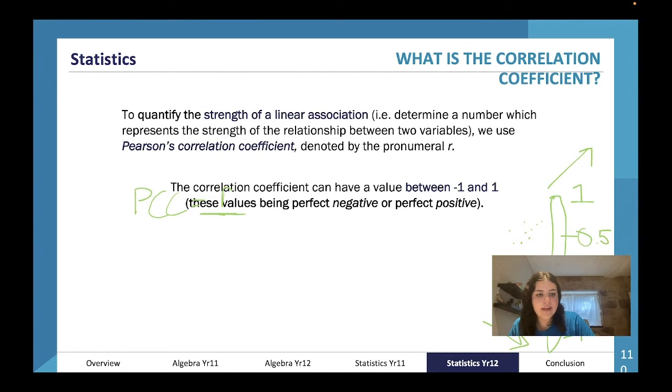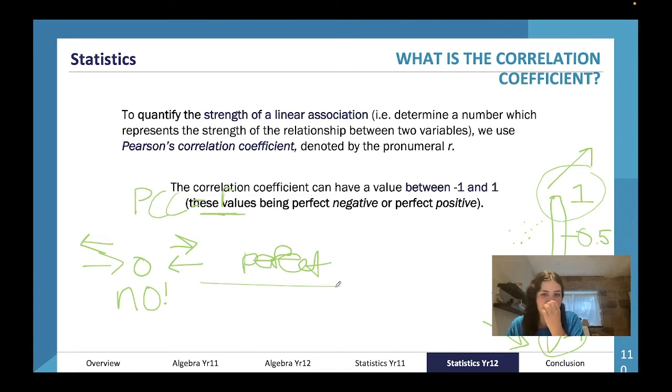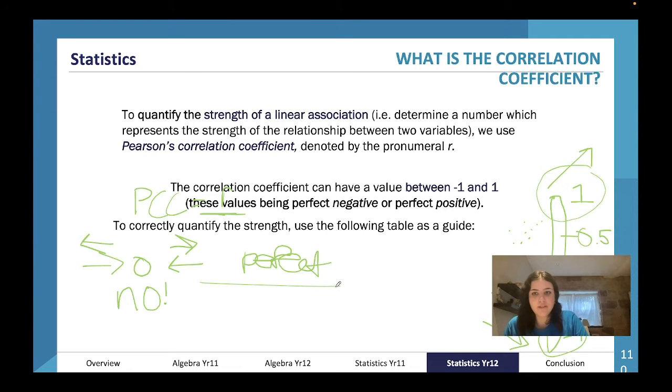And this is negative 0.5, where things are getting fairly close as we go down. It can be perfect positive, perfect negative, or anywhere in between. Basically, the closer you get to 0, the closer you are to no correlation. The further away you get, the closer you are to perfect correlation, perfect negative or perfect positive.